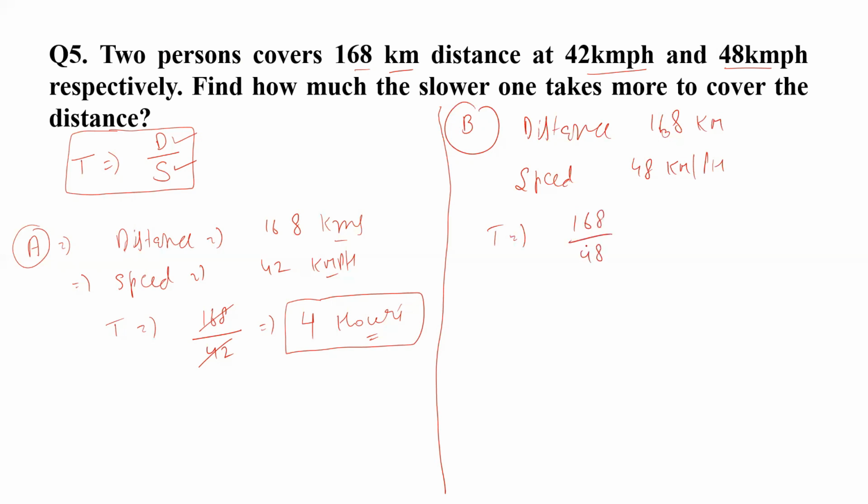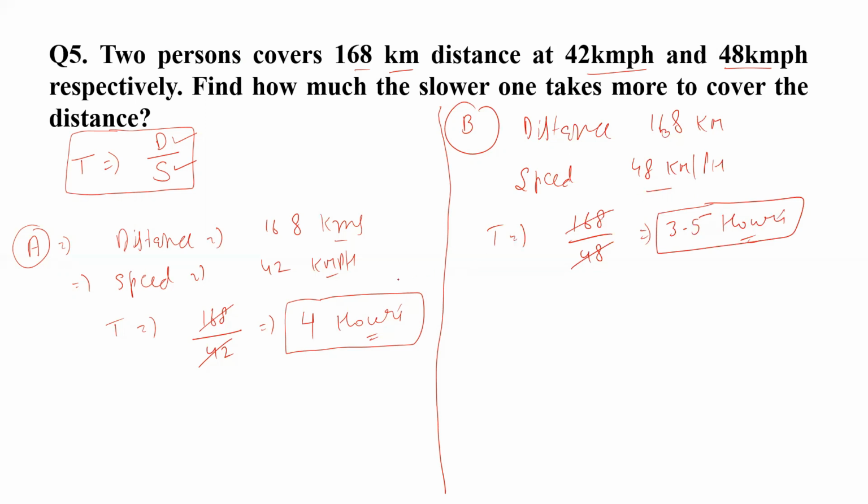Let me divide and find the answer. 8 multiplied by 3 is 24, and that is going to be 144, and 24 are left. So this is 3.5 hours. So in 3.5 hours he can cover the distance with the speed of 48 kilometers per hour.